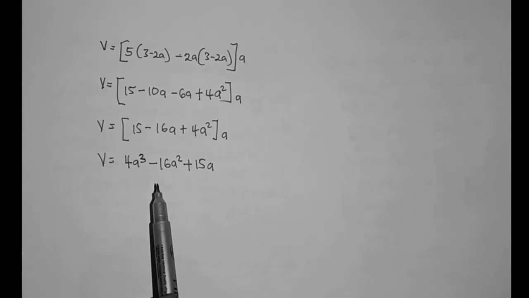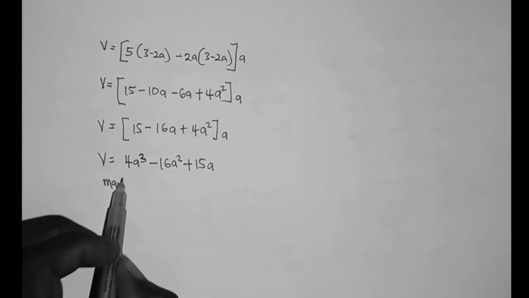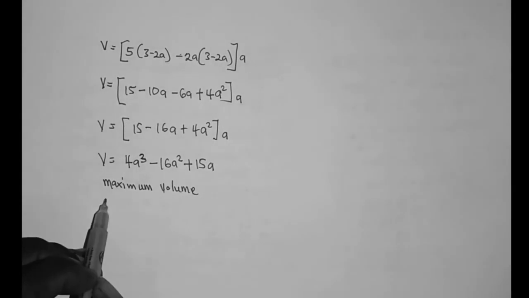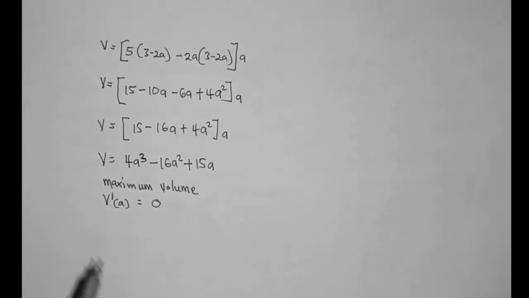The second part says we should find, correct to the nearest whole number, the maximum possible volume of the box. So what is the maximum volume? At the maximum volume, V prime of A is equal to 0.